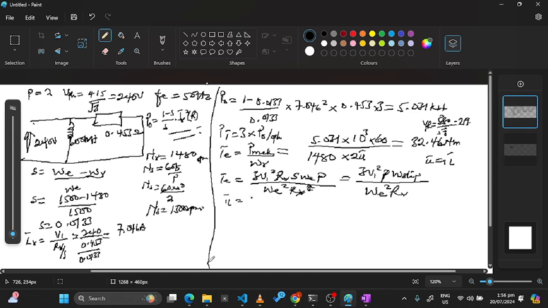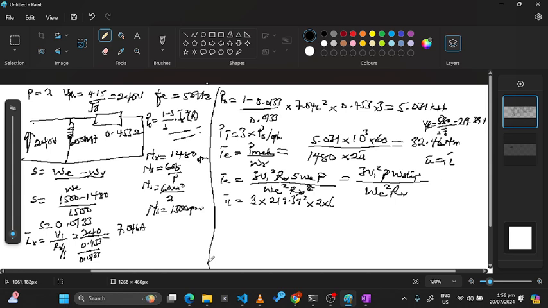So then we are now going to have 3 times 219.39 squared, right, times the pole pair, which is 2, times the slip frequency.